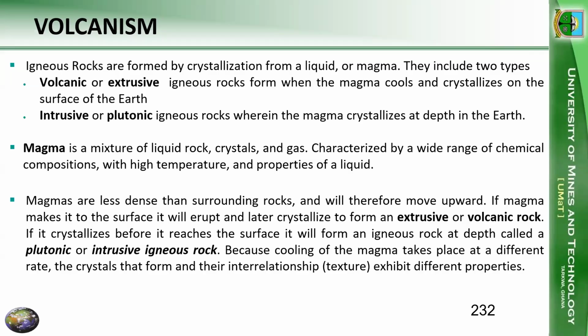And depending on the environment of crystallization or cooling, we are going to have different types of textures. So the keyword here is textures. These are igneous textures. And as far as these textures are concerned, we could talk about three types of igneous textures.